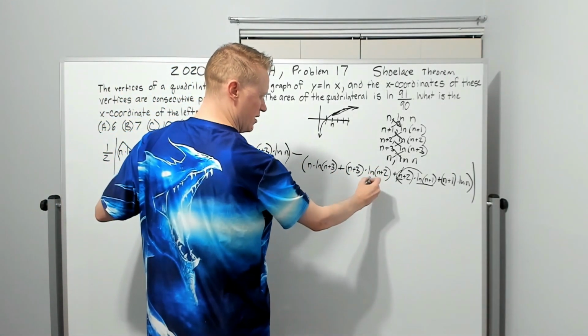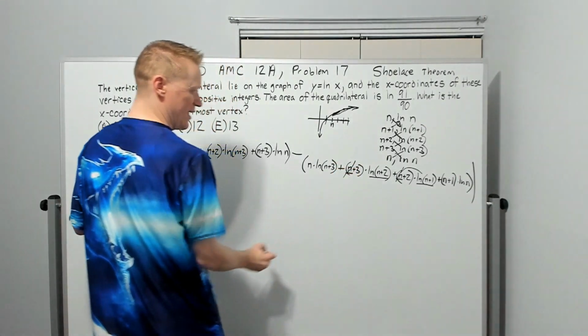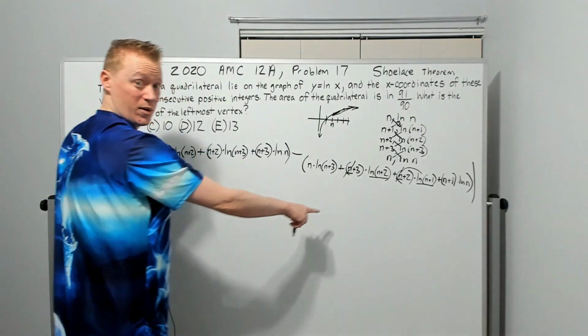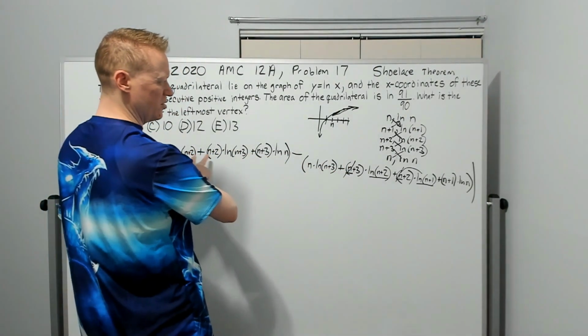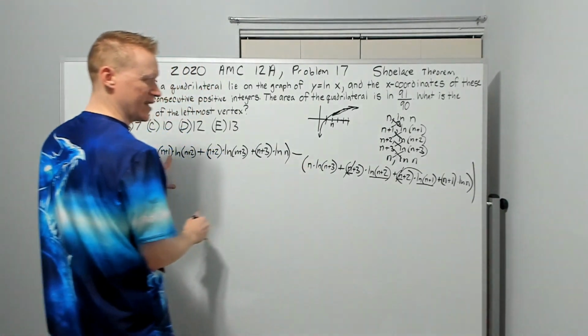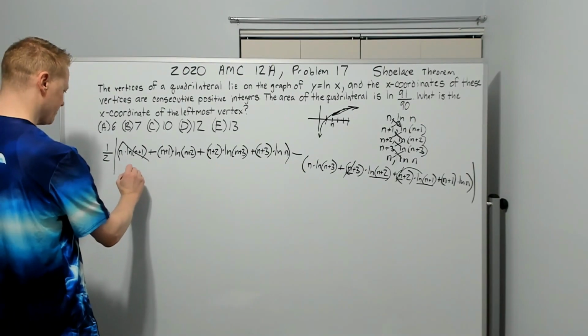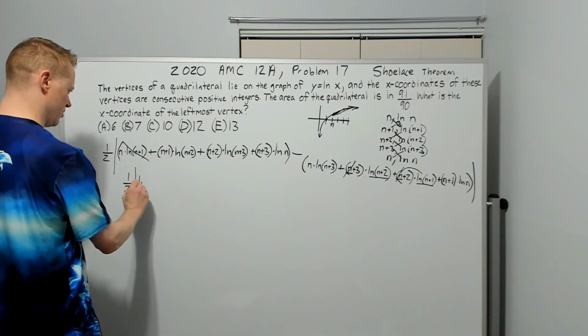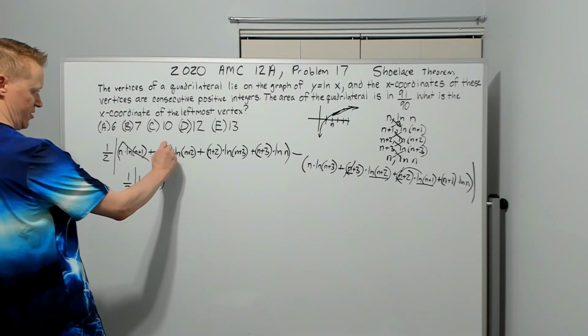I see a natural log of n plus 2 here, and the n that's going to distribute to it here, that n will cancel. The 3, though, didn't go anywhere. I've got a 1 times a natural log of n plus 2. I don't see how that's going to cancel anything. So we're going to keep that one. We will have 1/2, and we will have the natural log of n plus 2. That's this one right here distributing to this.